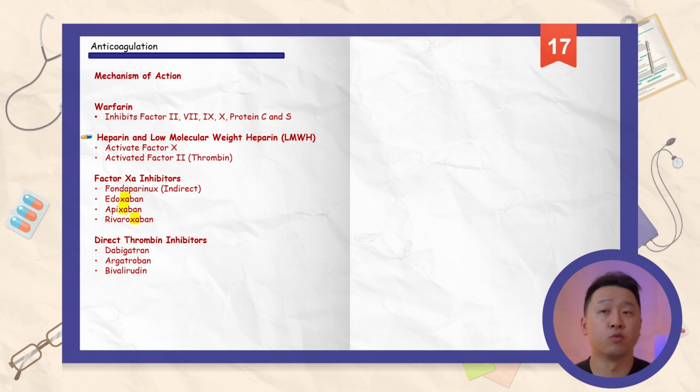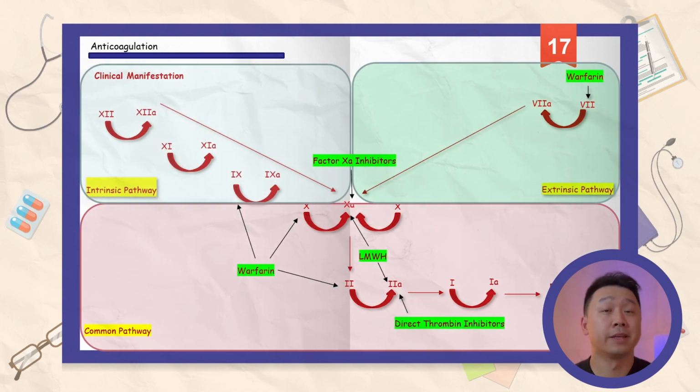Unfractionated heparin, as well as low molecular weight heparin, can be classified in a group because they're exogenous anticoagulants that inhibit both activated factor 10 as well as activated factor 2, which is known as thrombin, which essentially inhibits the common pathway.